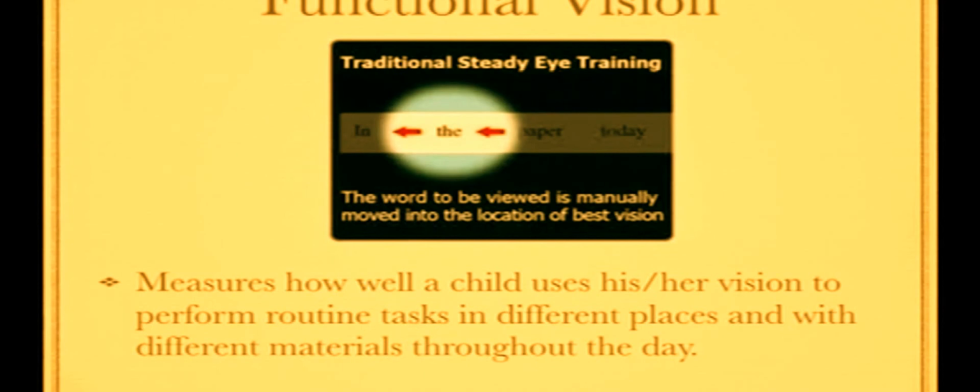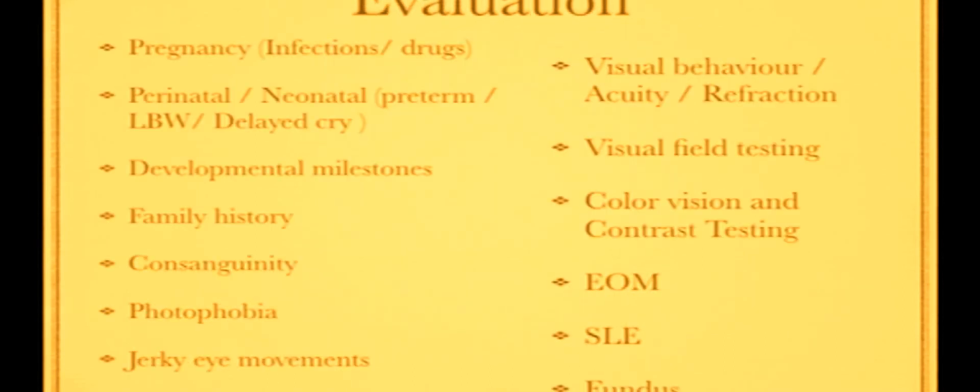Functional vision measures how well the child uses vision to do a particular task. And in evaluation, you need to take a detailed history and examination, including visual behavior, field testing, color vision, contrast, motility, slit lamp, fundus, all these form a part of your low vision evaluation.